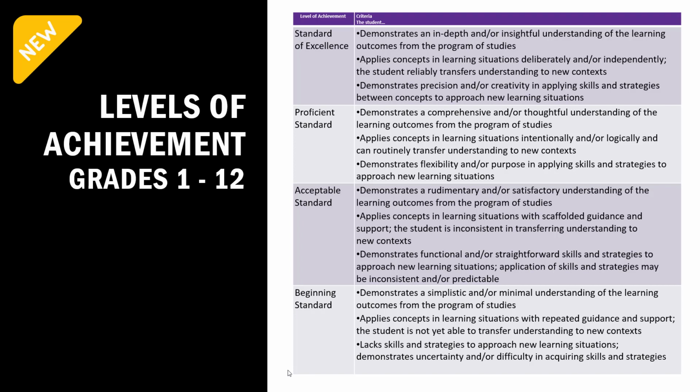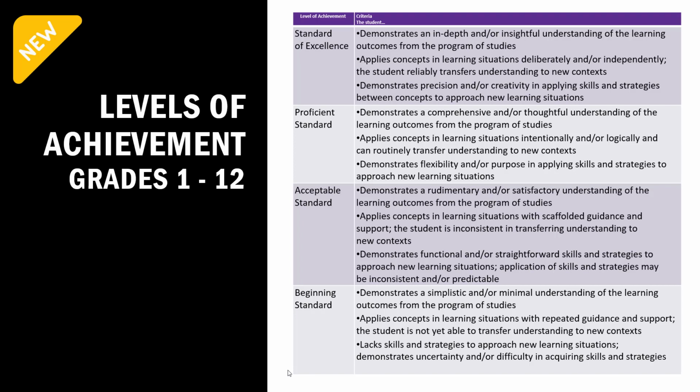Now here's another new bit. Our levels of achievement this year for grades 1 to 12 are new. They were developed by our assessment steering committee throughout last year. That committee was comprised of professionals from each division level, so Div 1, 2, 3, and 4, and those professionals included a teacher, an assistant principal, and a principal, plus a few consultants, director of curriculum and instruction, and the superintendent of learning services.